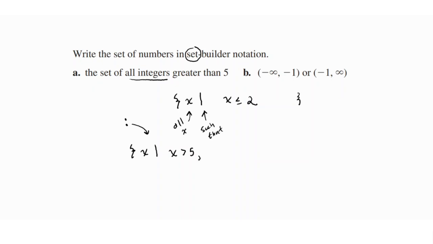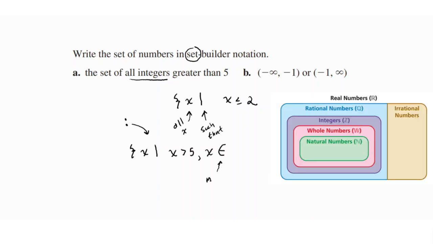So we would say comma, and then we would say x, and then this symbol here, which is kind of like a curvy looking E, means member of. The integer set is represented by this symbol. Sometimes they have an italic Z or a capital Z here, so that is representing the integers.